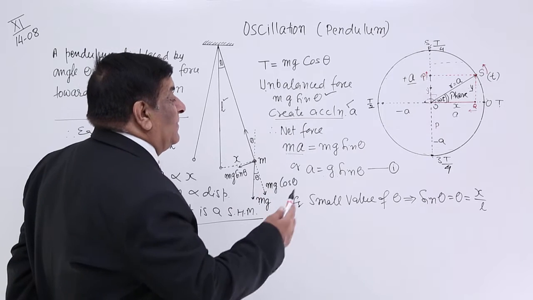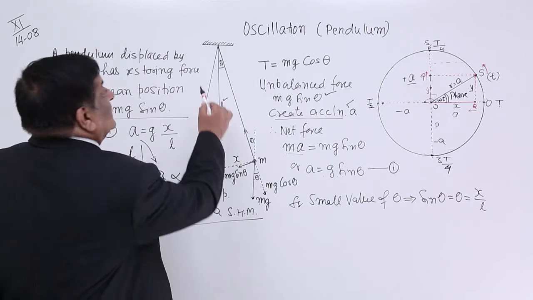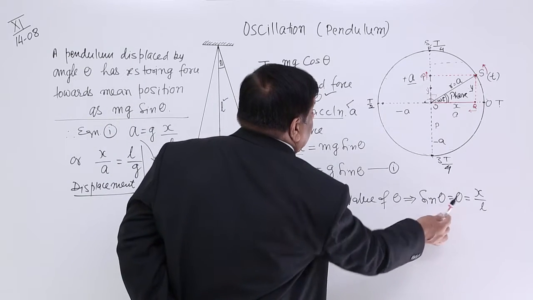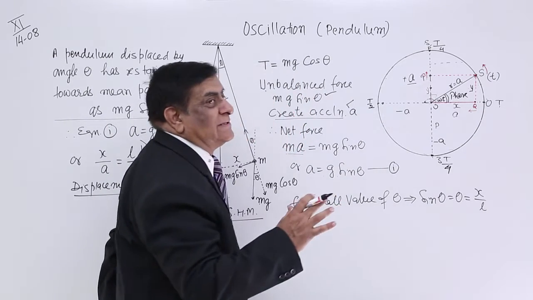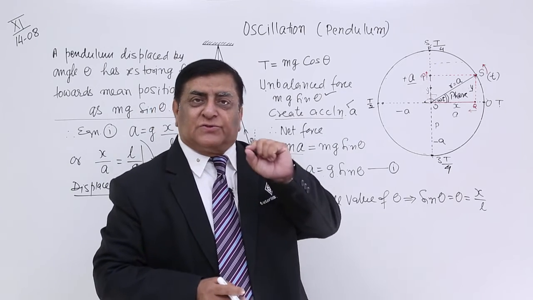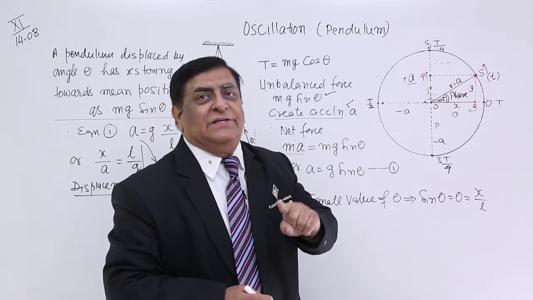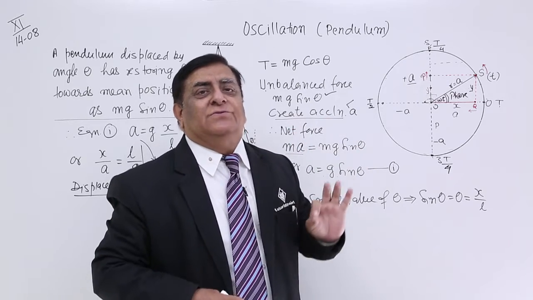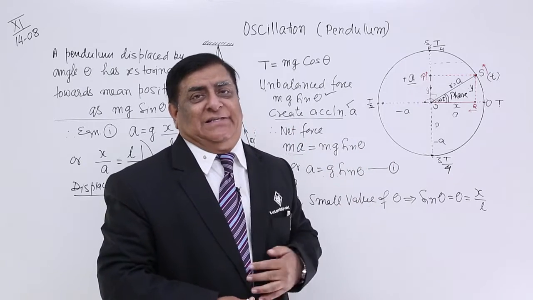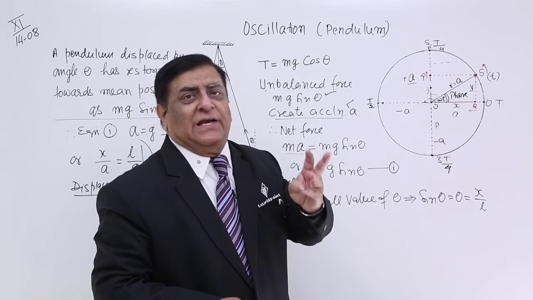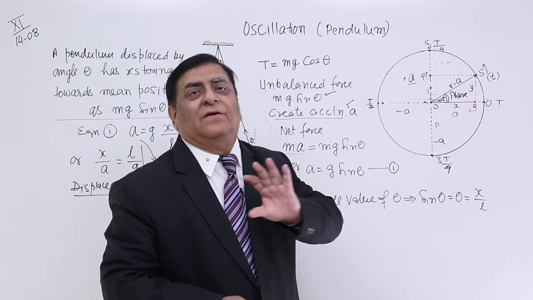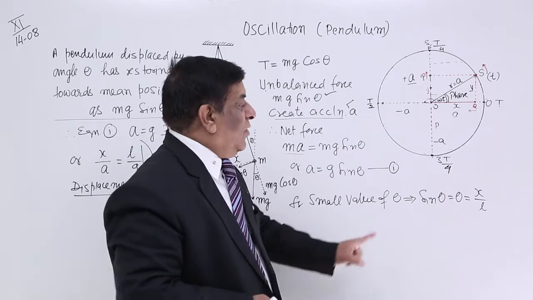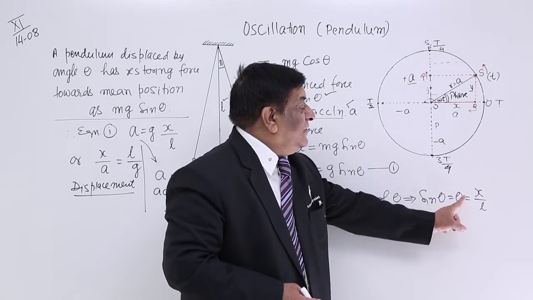Now, we again make certain approximation. Theta is so small that sin theta is equal to theta in radian. This exercise we have done earlier. For small angle, calculate theta as arc upon radius, and it will be similar to sin theta and tangent theta. Tangent theta, sin theta and theta in radian, all three are almost the same if theta is very small. That we use here.